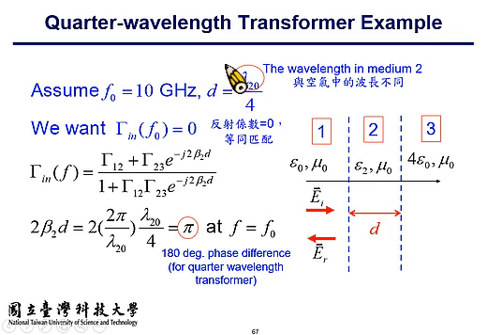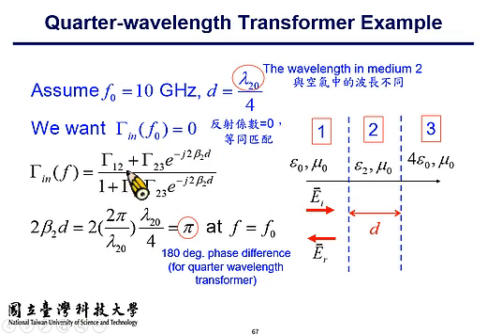So to achieve 0 reflection, what do we need to achieve? One condition is that 2 times beta 2 times D equals pi, equals 180 degrees, so that the exponential ends up as -1.